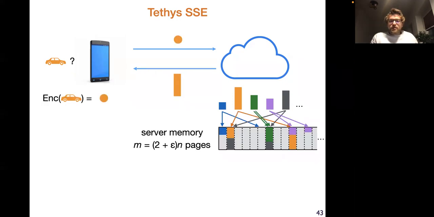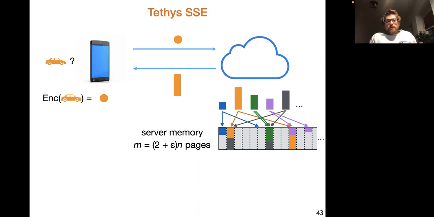Initially we run the Tethys allocation. Then we get this hash table that maps memory locations to pages, and the pages are filled with our list identifiers according to Tethys.